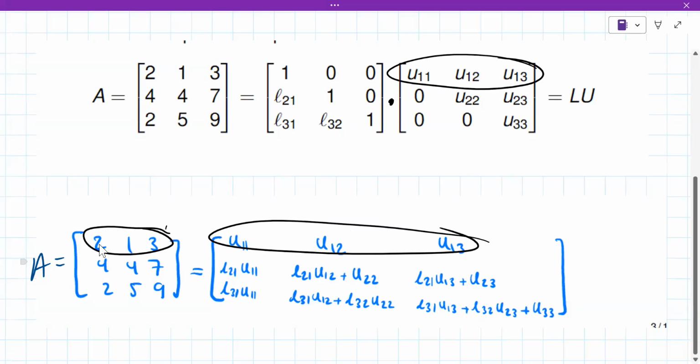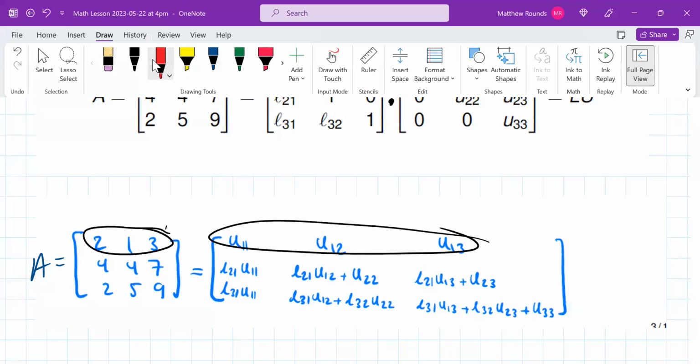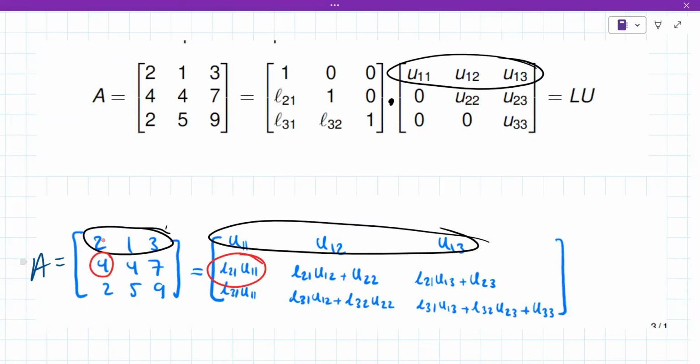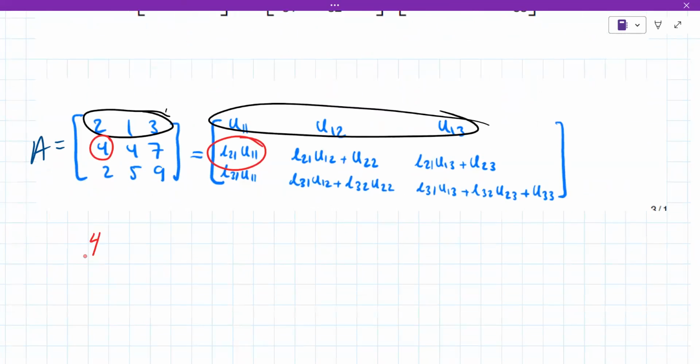Okay. So, well, how do you get the rest of them? Well, L21 times U11 is 4. So here, let me show you. This is equal to this. Your teacher makes an equation. She says 4 equals L21 U11, like that.